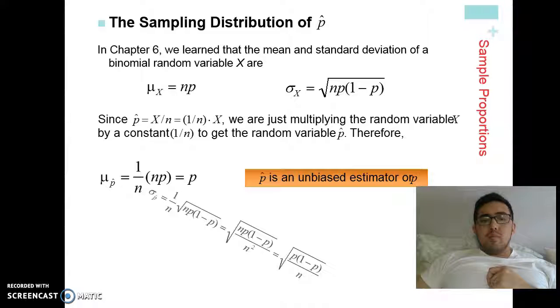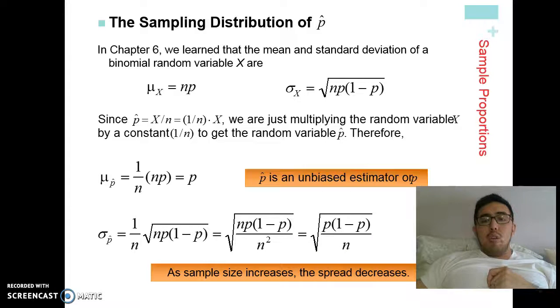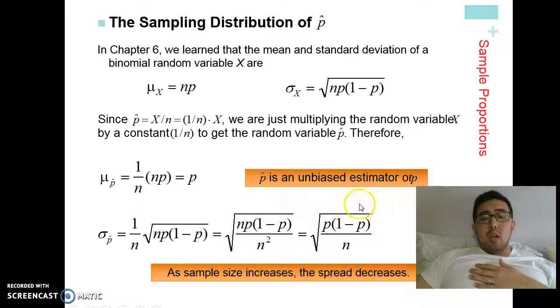Now, for standard deviation, if I multiply the mean by the constant 1 over n, then I also have to multiply the standard deviation by that same constant. Right? And then when I do my calculations, here's my standard deviation for my proportions.